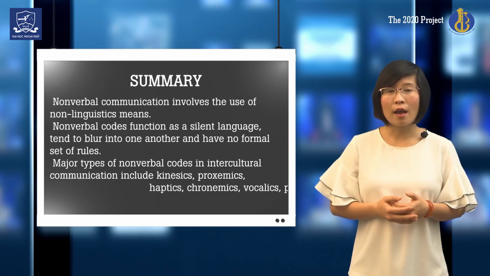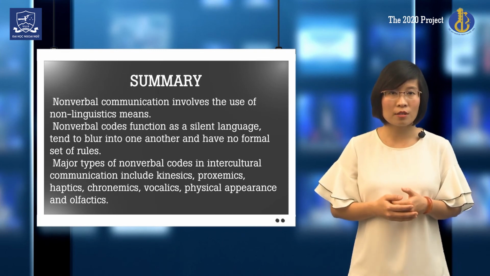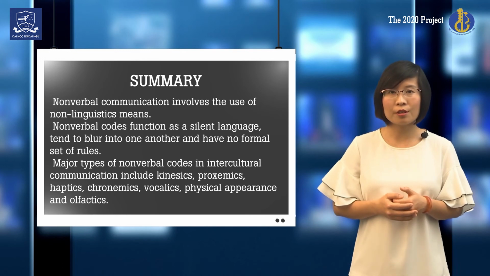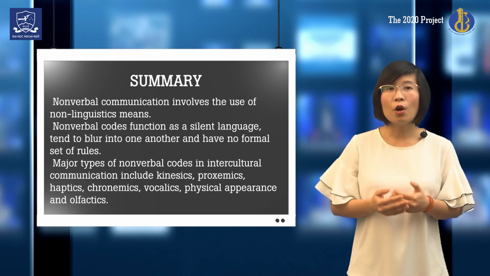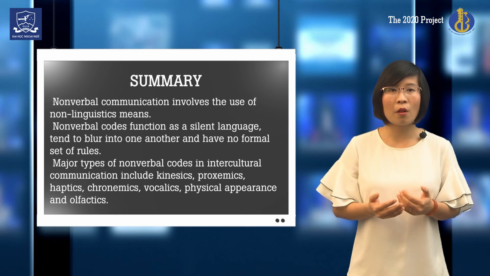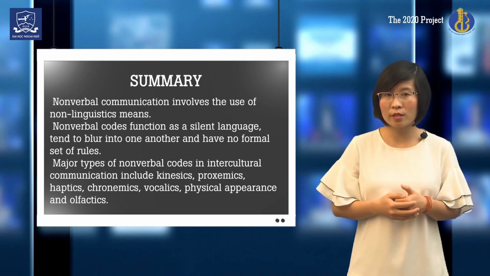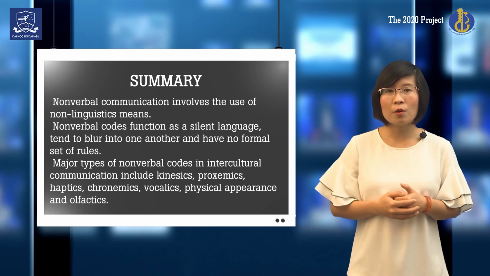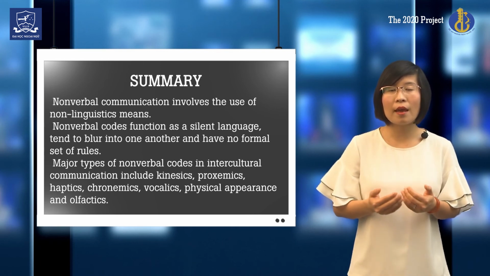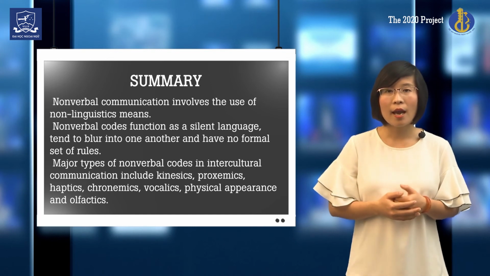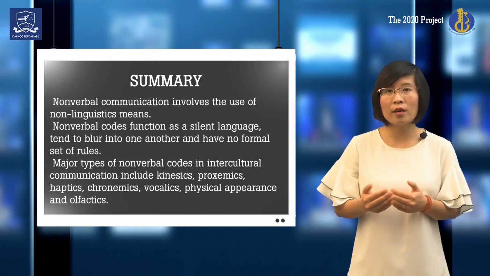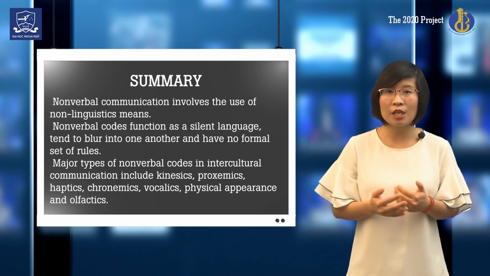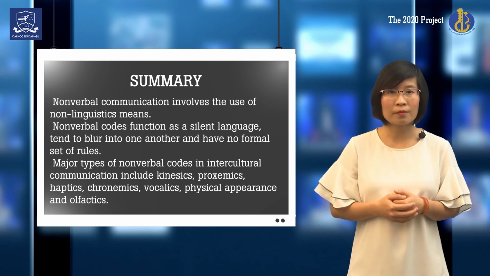Well, so far I have introduced some basic concepts of nonverbal communication. You should remember that nonverbal communication involves the use of non-linguistic means to communicate. These nonverbal codes function as a silent language, impart their meaning in a subtle way, and tend to blur into one another due to their continuous and natural nature.